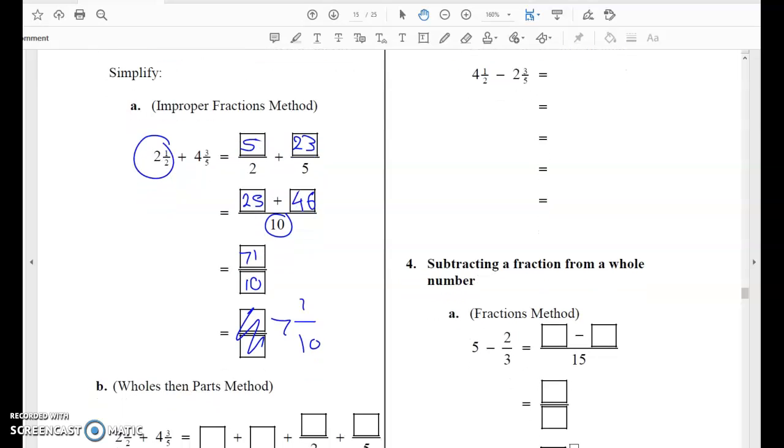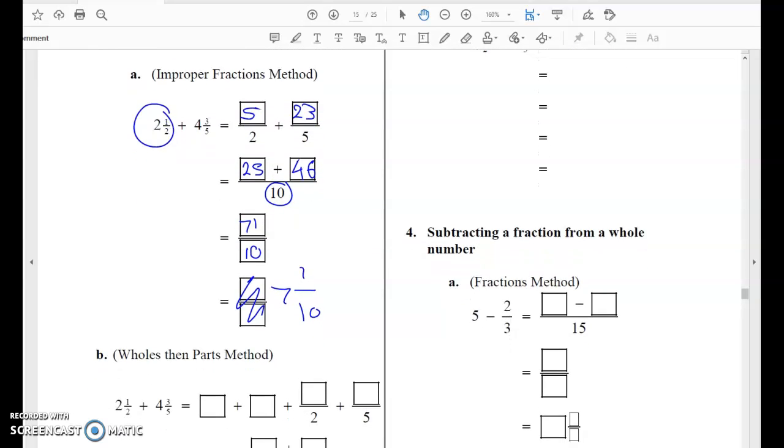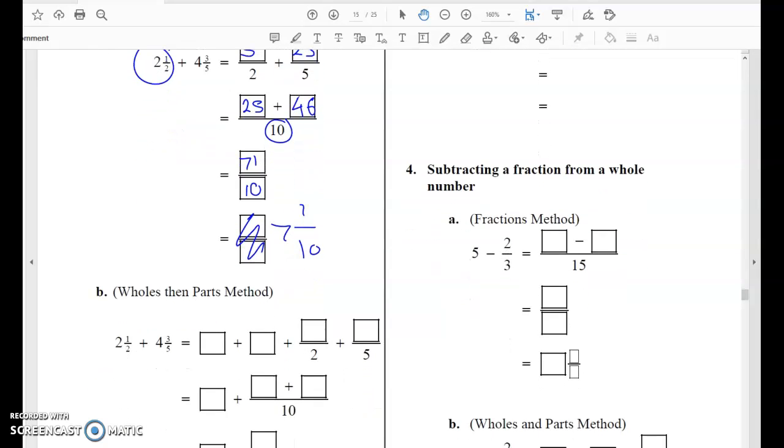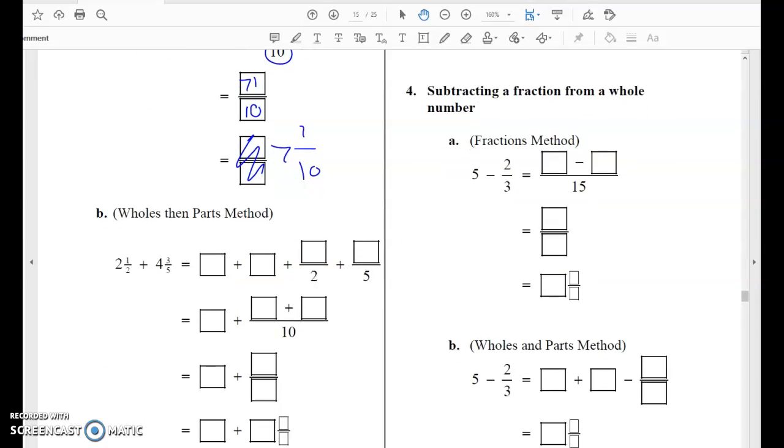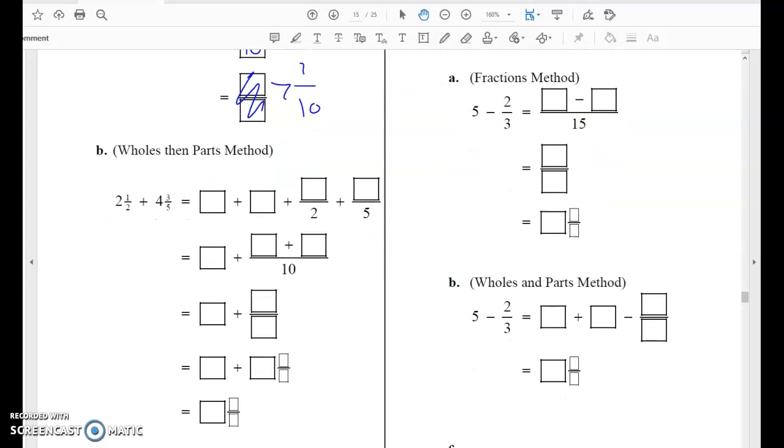Alright, let's look at a different way of doing that same question. So I just did it using what's called the improper fraction method. This is the whole then parts method. So adding these together, instead of making them into improper fractions, I just separate out the fraction bits and also the whole and other bits.